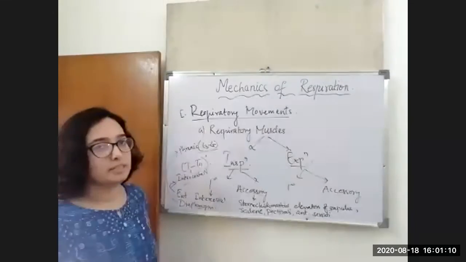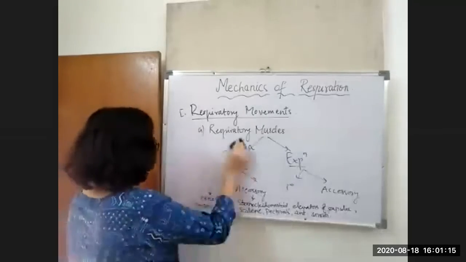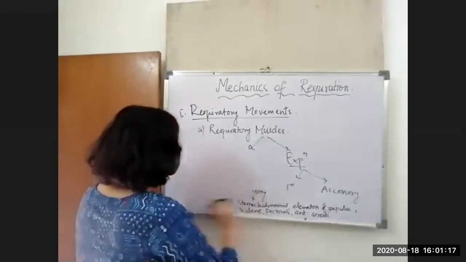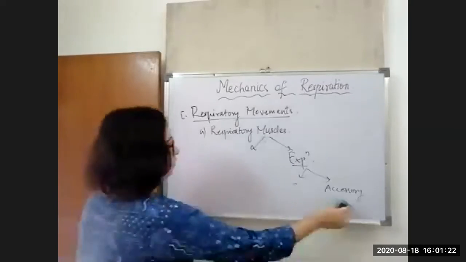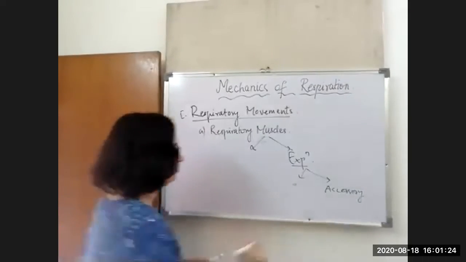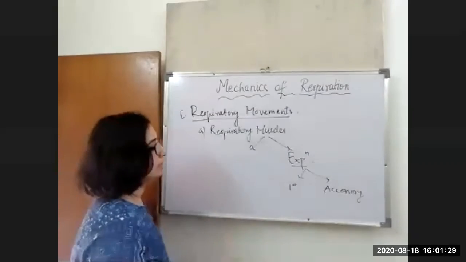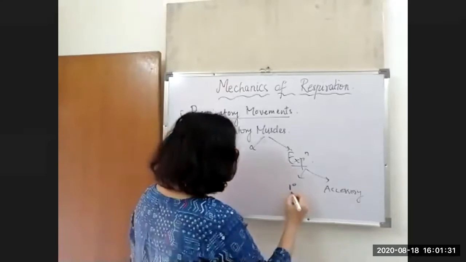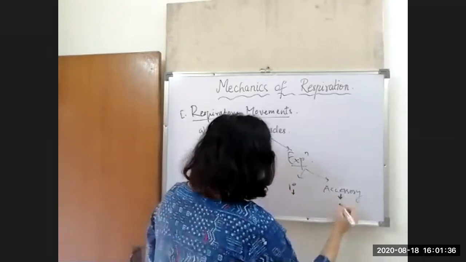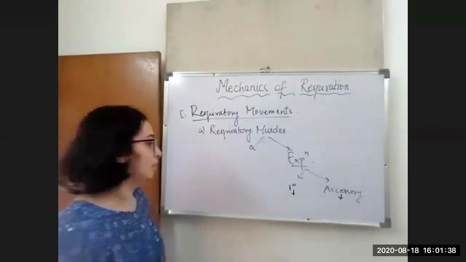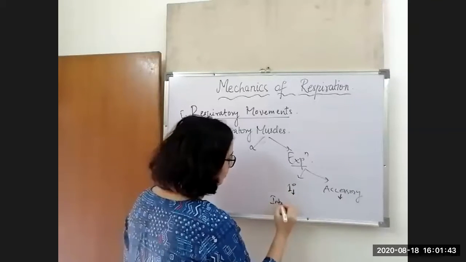Now we'll see what are the expiratory muscles. So expiratory muscles, these are also two types, primary and accessory. So the primary are your intercostals.